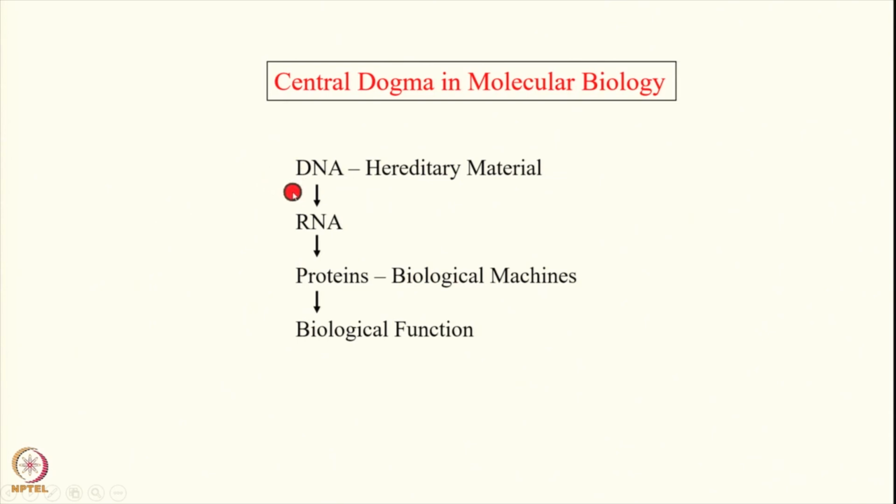And then DNA is transcribed into another molecule. DNA stands for deoxyribonucleic acid. So, nucleic acids are a kind of polymers, and these are transcribed into another kind of nucleic acid which is called RNA, the ribonucleic acid.